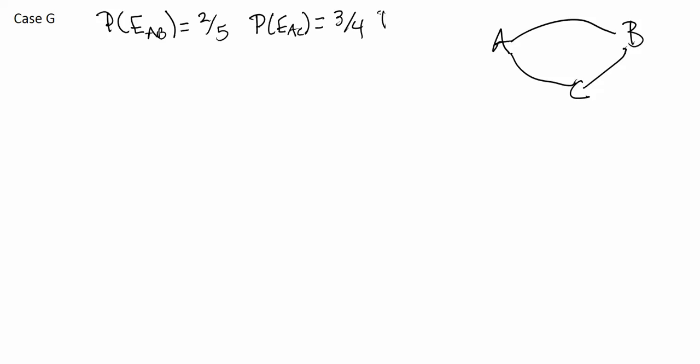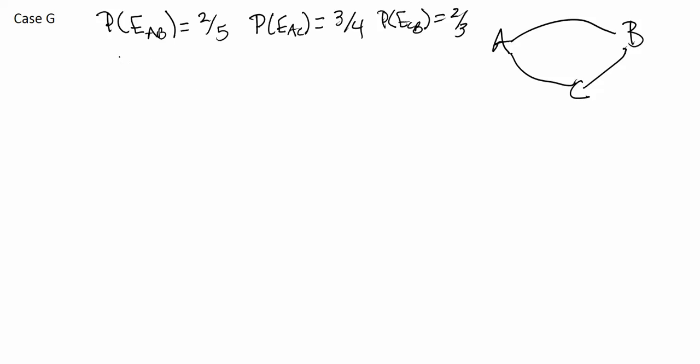The probability of CB, and these are just the probability that the particular road is open, is 2/3. So it looks like the flakiest road is the northern route from A to B. Rather unfortunate, but that's the way it is.